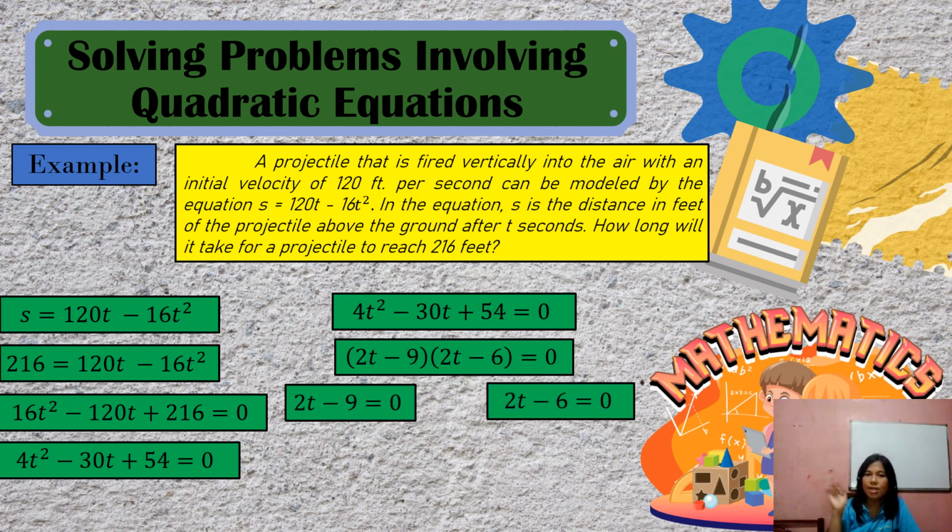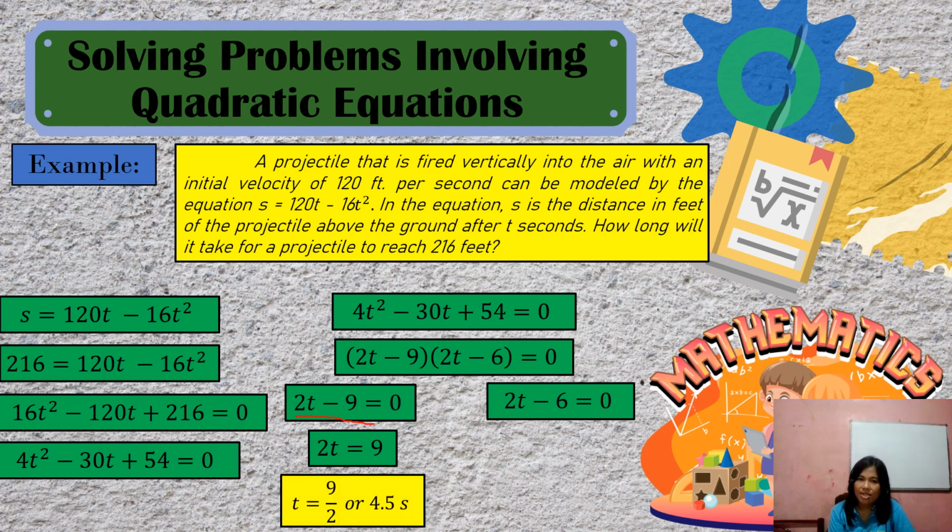So, we transpose the 9. Let's work first on 2t minus 9. Transpose the 9 so it becomes positive. Since we still have a 2 beside the t, of course, we need to divide both sides by 2.